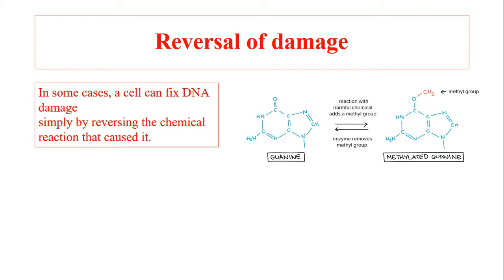For example, guanine can undergo a reaction that attaches a methyl group to an oxygen atom in the base. The methyl-bearing guanine, if not fixed, will pair with thymine rather than cytosine during DNA replication. Luckily, humans and many other organisms have an enzyme that can remove the methyl group, reversing the reaction and returning the base to normal.